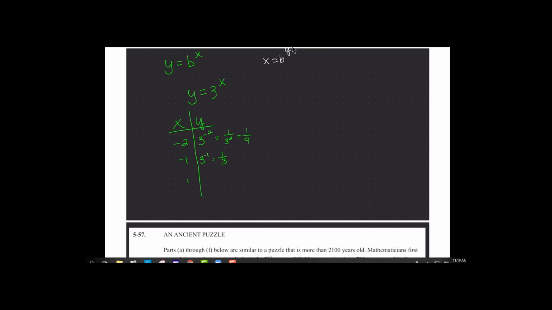If I plugged in 0, I would have 3 to the 0 power, which is 1. Good job. If I plugged in 1, I would have 3 to the first, which is 3. If I put in 2, 3 squared would be 9.